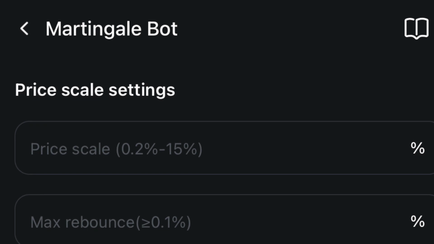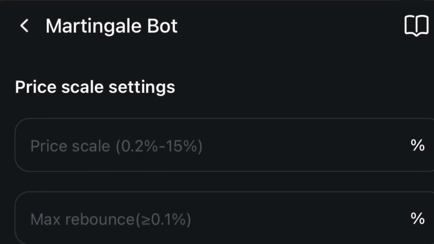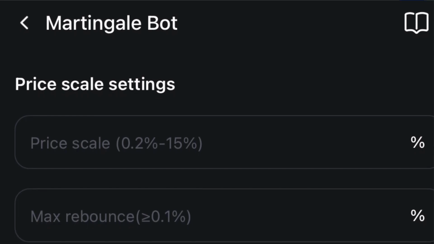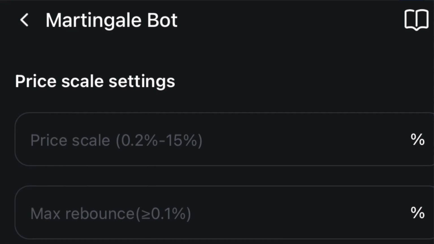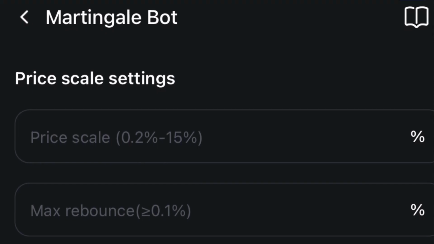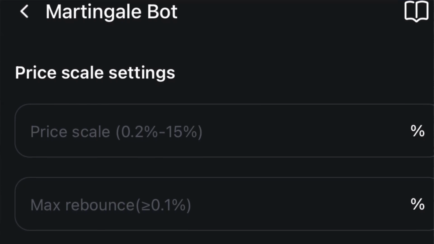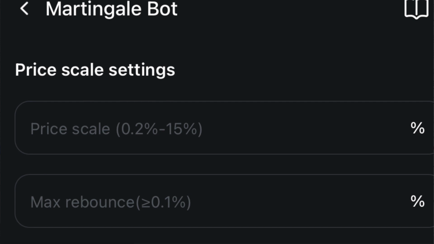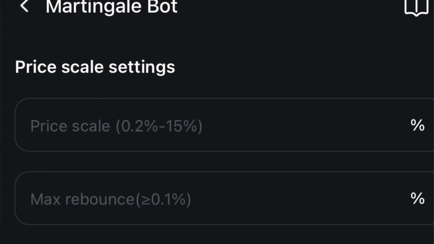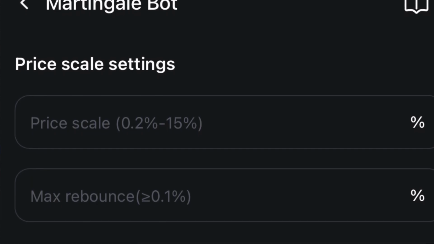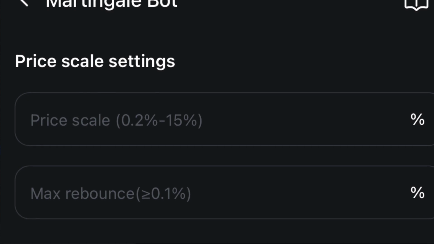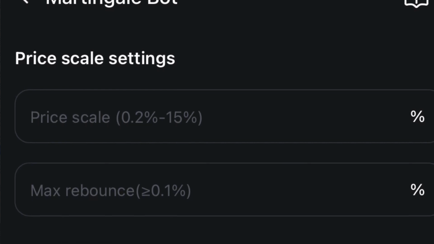So say you set 1%. That means when it triggers that safety order and it keeps dropping, once it goes up 1%, that's when it will buy. It executes as a trailing order.